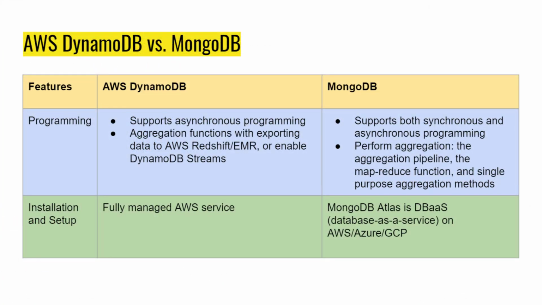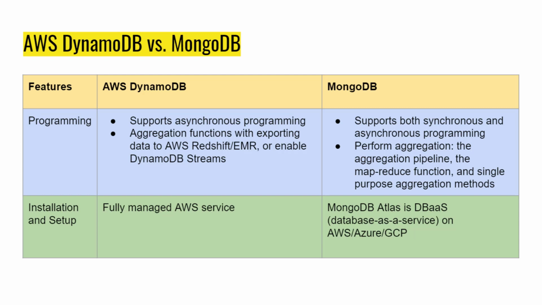It doesn't support aggregation functions, so if you want to do aggregation on DynamoDB, you could export your data to AWS Redshift or AWS EMR and do it over there, or enable DynamoDB Streams, then execute the triggers of Lambda functions to populate aggregation data into a separate table.